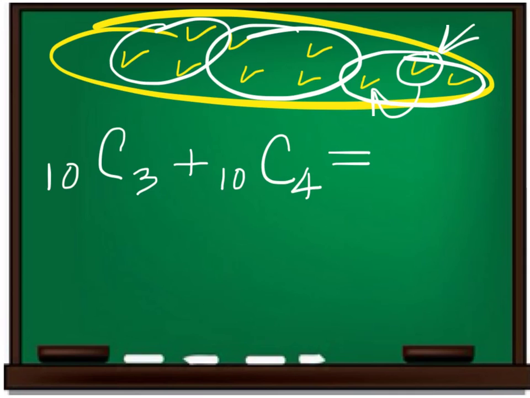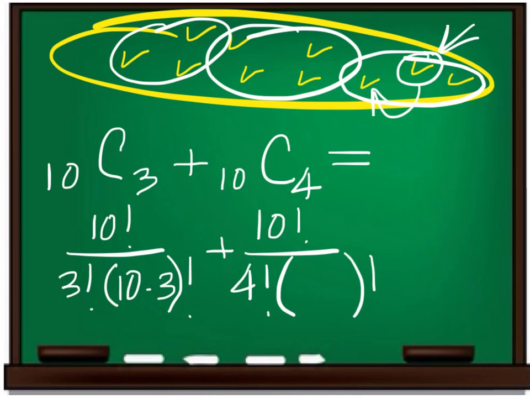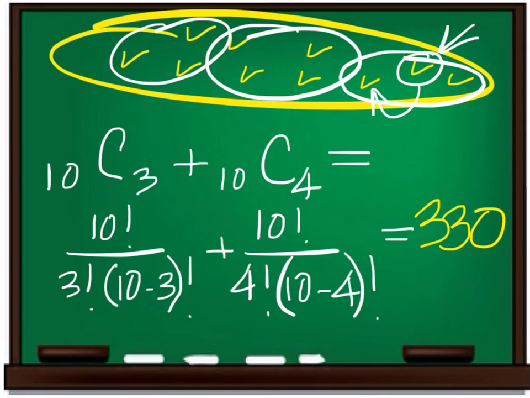So for the combination on this one, don't forget that's 10 factorial over 3 factorial times 10 minus 3 factorial. And then plus 10 factorial over 4 factorial times the quantity factorial of 10 minus 4. Of course, you can use your calculator and do the math. Either way you do it, the answer is 330.